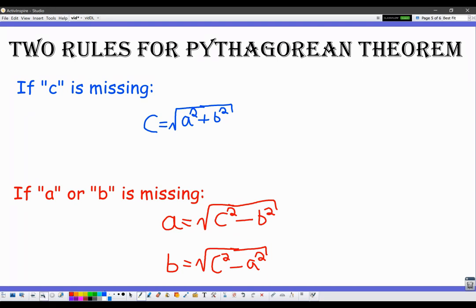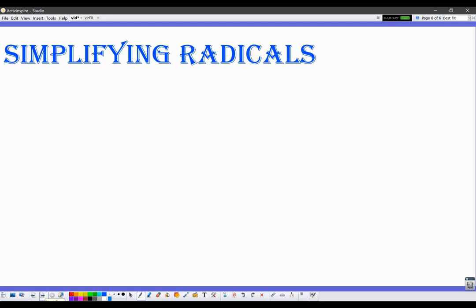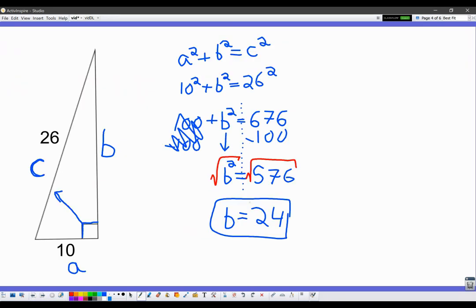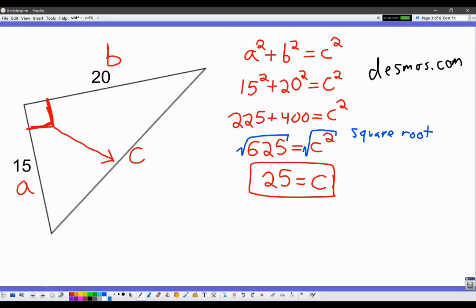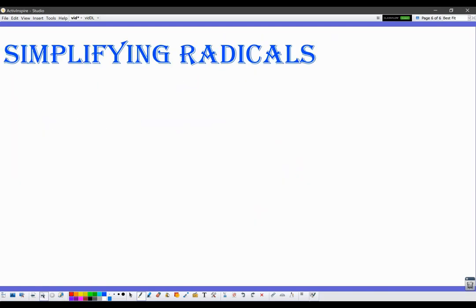Let's continue on, and let's take a look at what happens if I end up with an answer that doesn't come out as a clean number. So in the previous two examples, I got 24 and I got 25 here. Those are very clean, very nice looking whole numbers, right? So there's not a lot to worry about there.